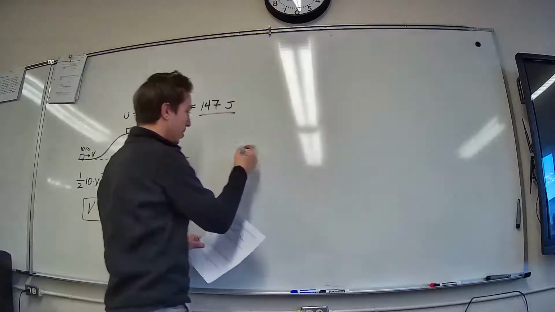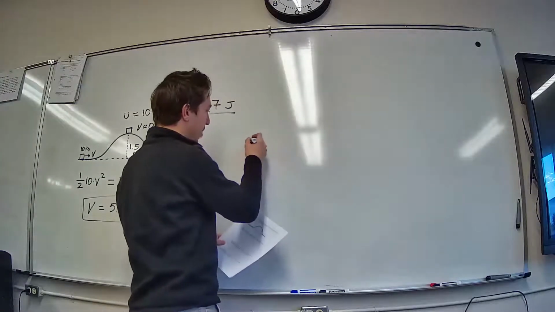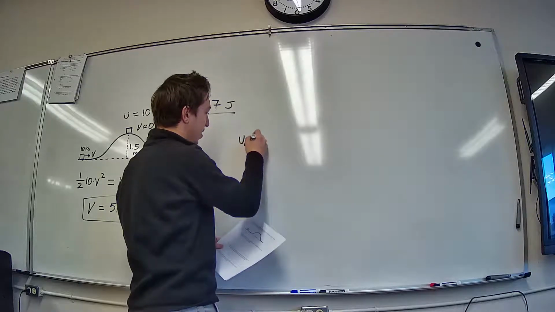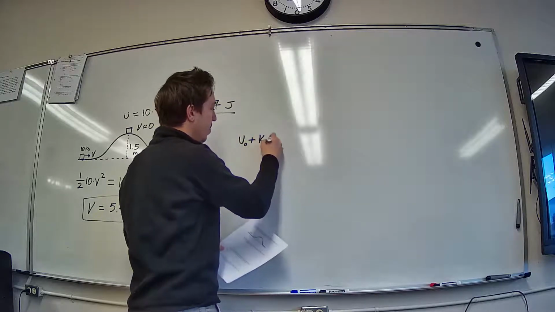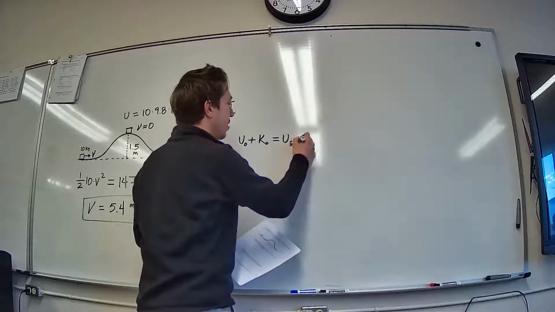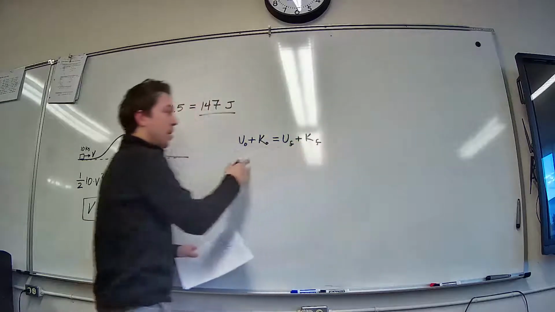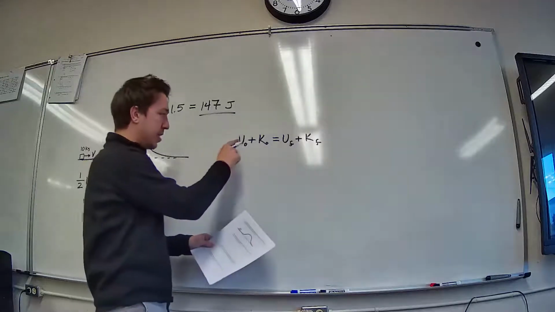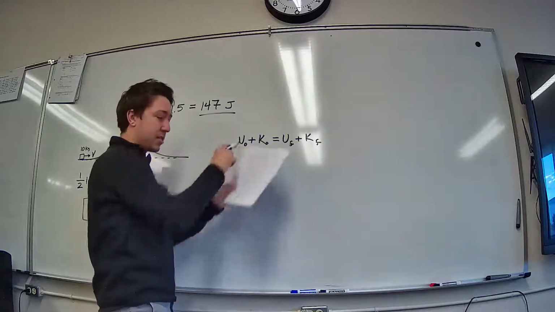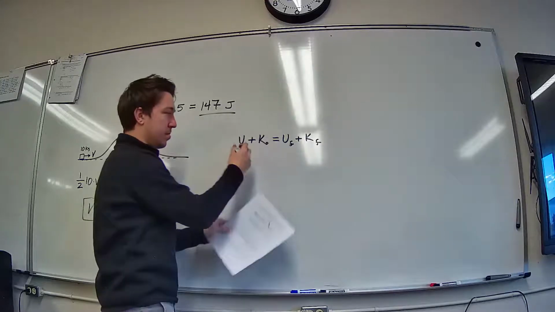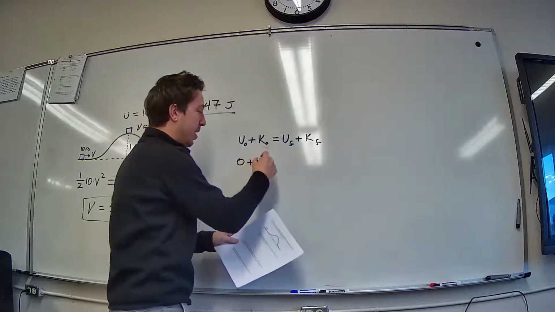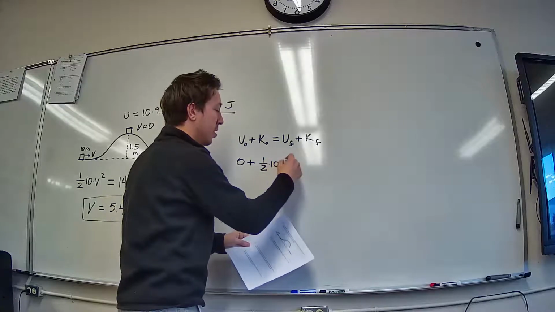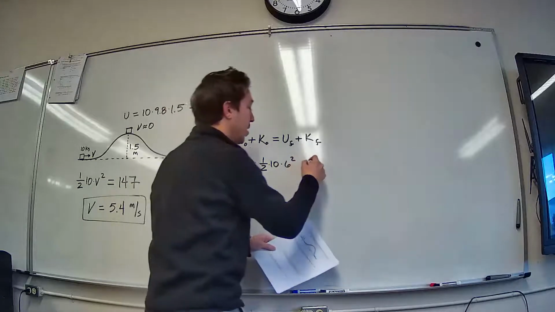It's sort of a new setup, so to keep my thoughts straight, I'm going to write it down here. For part B, his initial potential energy is what at the start? 0, and his initial kinetic is 1/2 times 10 times 6 squared.